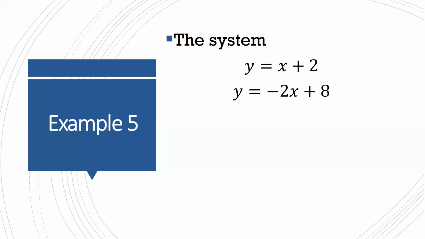That should not throw us off. In terms of substitution, it just means I have two options. I can plug in the expression negative 2x plus 8 into the y on the first equation, or I can plug in the expression x plus 2 into the y in the second equation. So this just gives us more options.